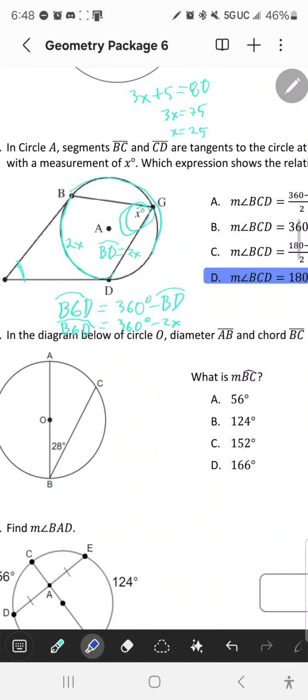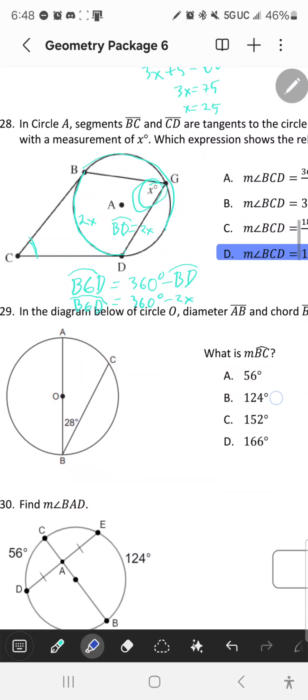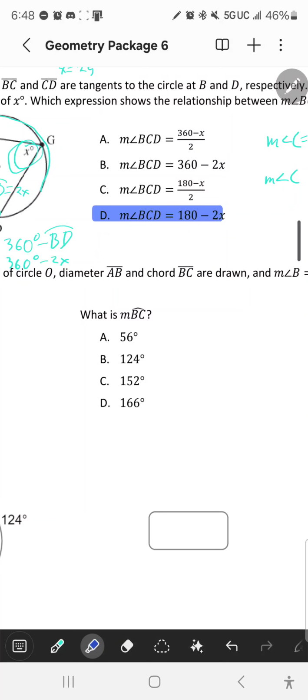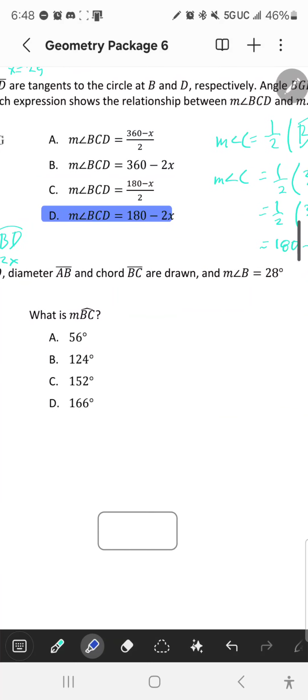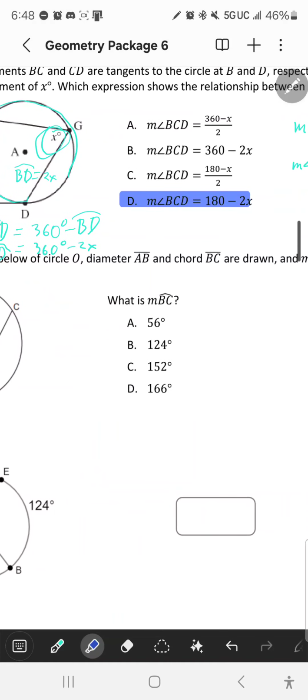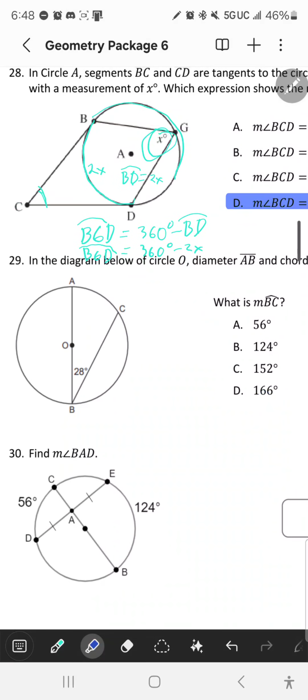In the circle below, with center O, diameter AB and chord BC are drawn, and the measure of angle B is 28. What is the measure of arc BC?